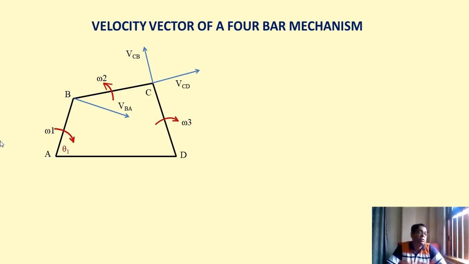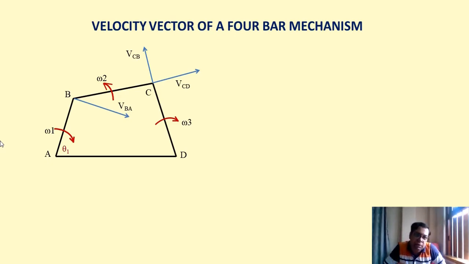Now you may ask why it is rotating in the reverse direction, or whether it always rotates in the reverse direction, or whether there is any particular situation where the crank and the connecting rod, that is two adjacent links, rotate in the same direction, and when it happens.